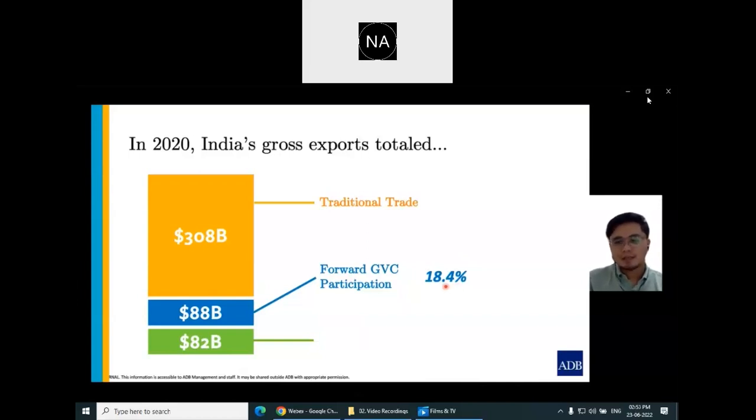Again, this is the sum of REX and REF divided by the total gross exports. The foreign value added content plus pure double count in India's exports corresponds to the backward GBC participation, which is calculated here as 17.2% of the total gross exports of India.